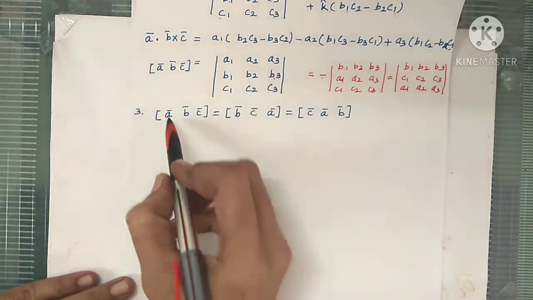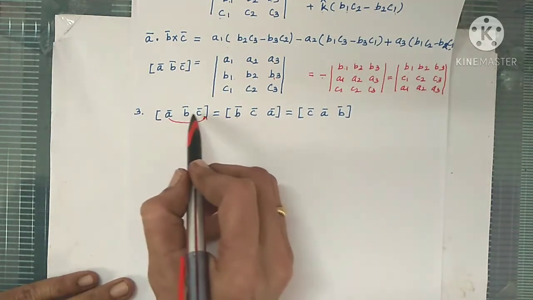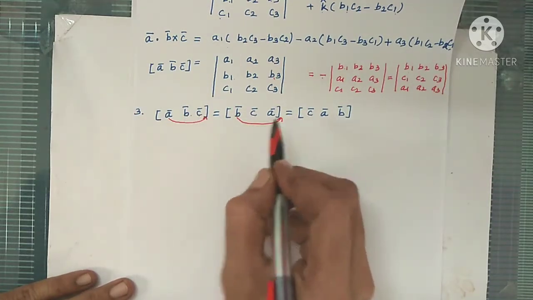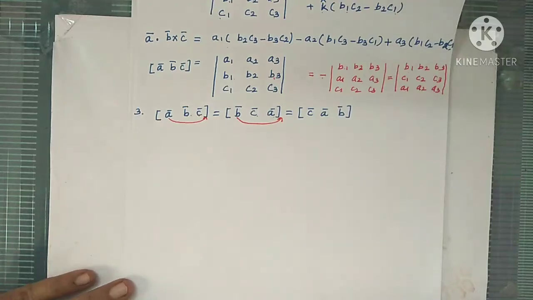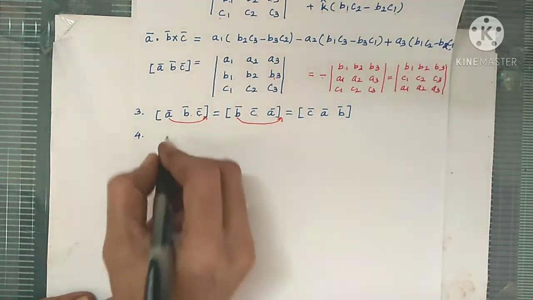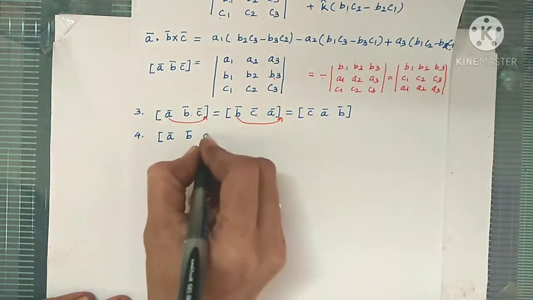So here if I write this A bar afterwards, it is a cyclic change, that means it becomes B bar, C bar, A bar. Now again write B bar here, so this becomes C bar, A bar, B bar. So a cyclic change does not change the value of the scalar triple product, it remains the same. And this property, interchanging the rows, the sign changes.